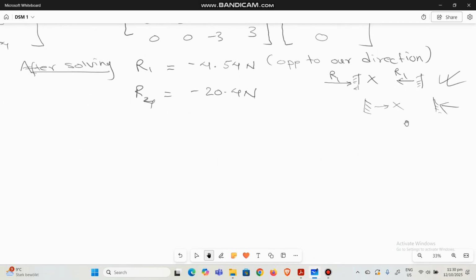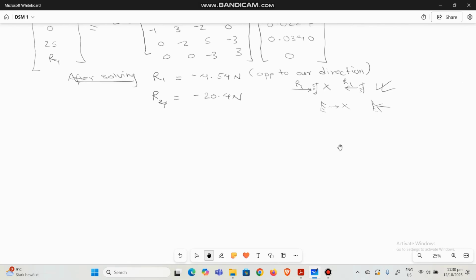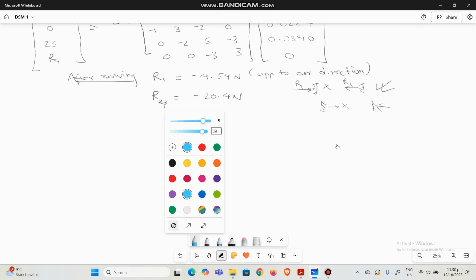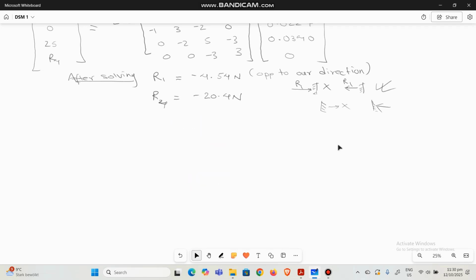So we solved for the reactions as well. I'll just highlight this one. We got our reaction values, and we also got our displacement values.